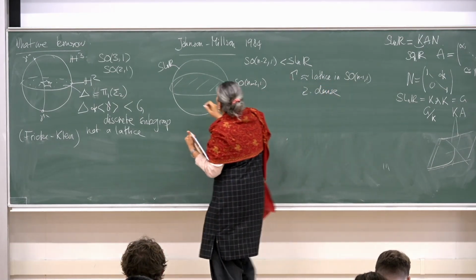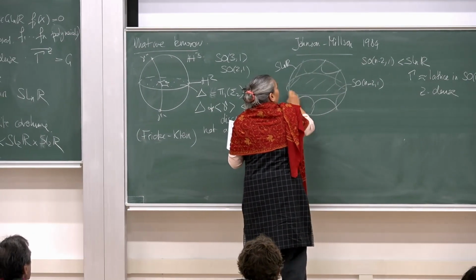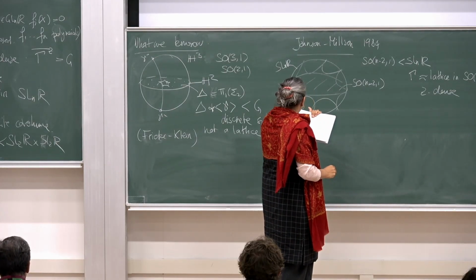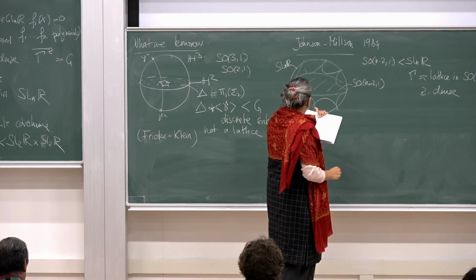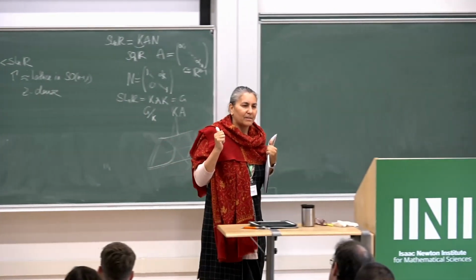Somewhere here, the SO(n-2,1) is supposed to be inside SL_(n-1). Maybe. Well, if it's in SL_(n-1)... No, I think it's really in SL_n.